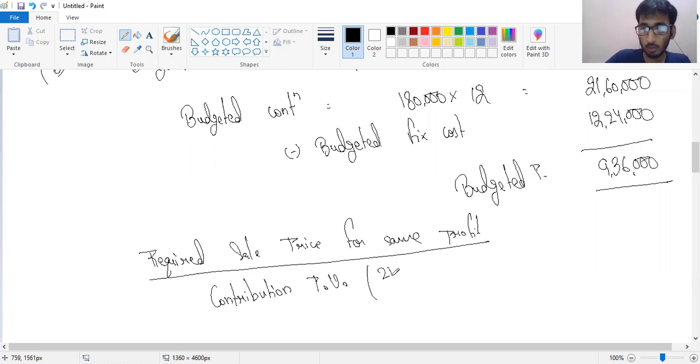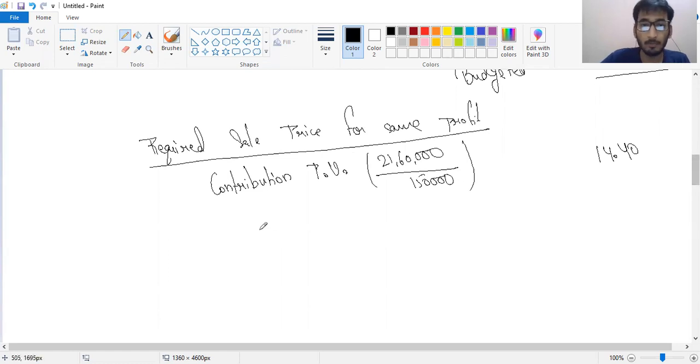Contribution per unit is 21 lakh 60,000 divided by 1 lakh 50,000, because now we require 21 lakh 60,000 contribution from 1 lakh 50,000 units. So we require 14 rupee 40 paise contribution per unit.